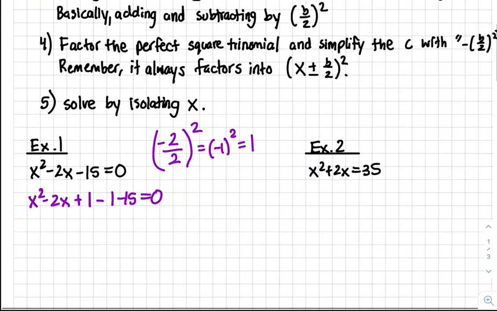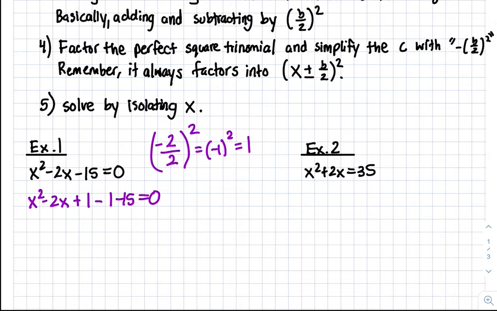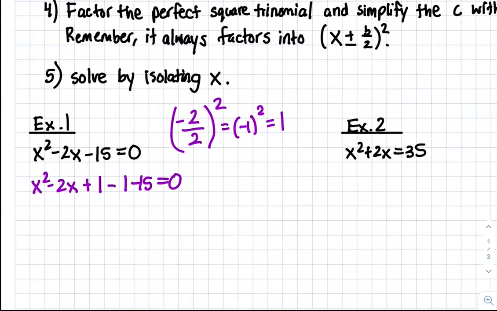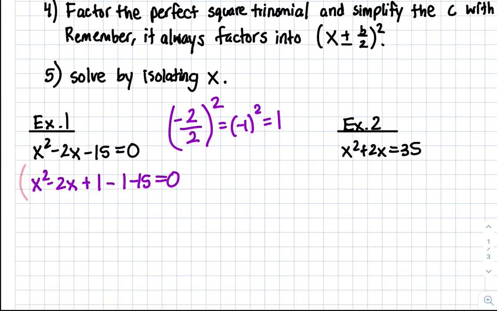That's exactly what step 3 is telling me, right? Then step 4 says factor the perfect square trinomial and simplify the c with the minus b over 2 squared. So it's telling me, hey, we can factor this into a perfect square trinomial, and then we just have to simplify these two.